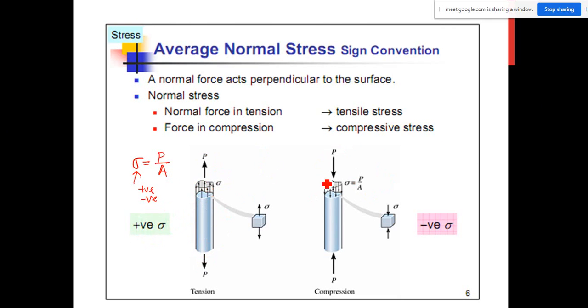If the force tends to make the structure become shorter, you will get a negative value of stress, which means compression. If you get a positive value of stress, we call it tension. So stress can be positive or negative, tension or compression.